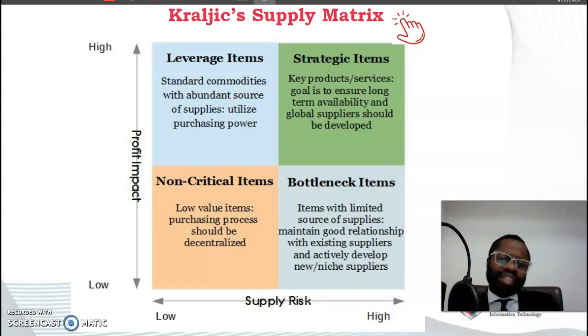For the strategic quadrant, we apply a collaborative or partnership type relationship, and we know why. For bottleneck, you should apply a collaborative type relationship as well. Leverage, I would still say arm's length. You're still safe having an arm's length type relationship there, unless things change as they go along.